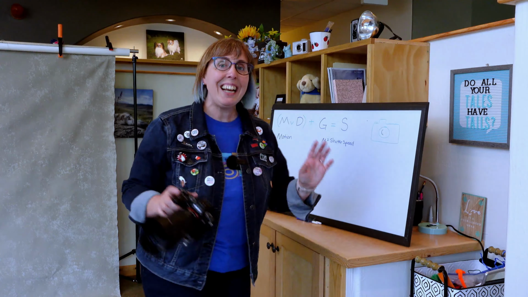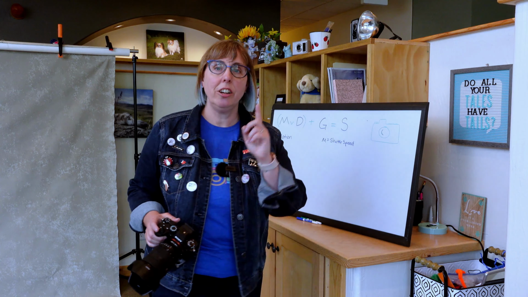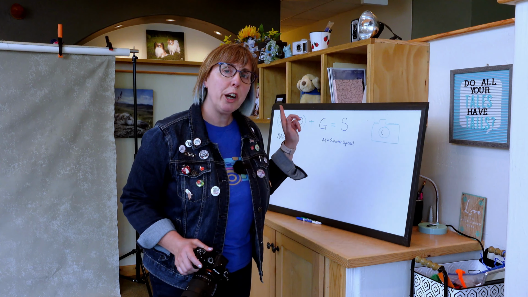So that's the first thing you want to decide when you want to stop or follow the action and the motion. So you'll set your shutter speed at an ideal. Okay, we're talking ideal here. And then you can set your next setting. And if you don't care about the motion, maybe you do care about the depth.